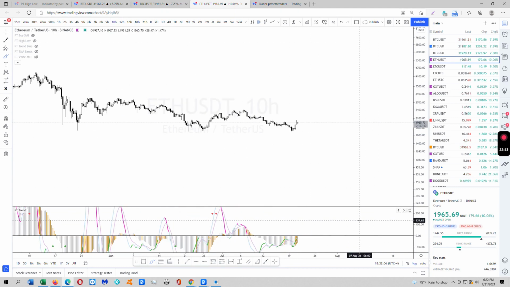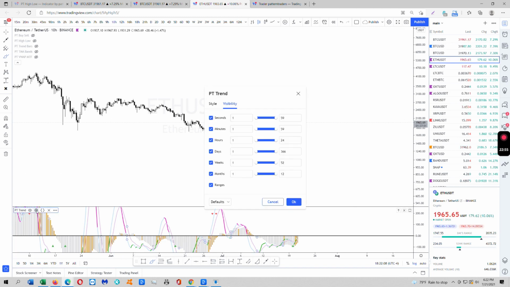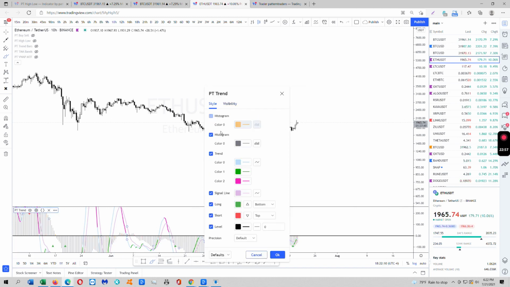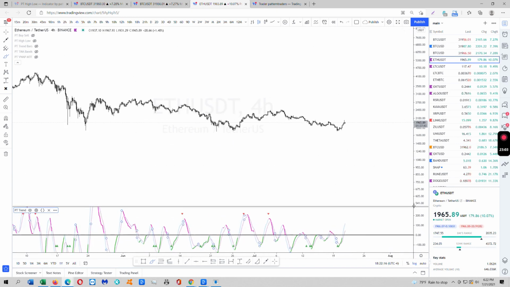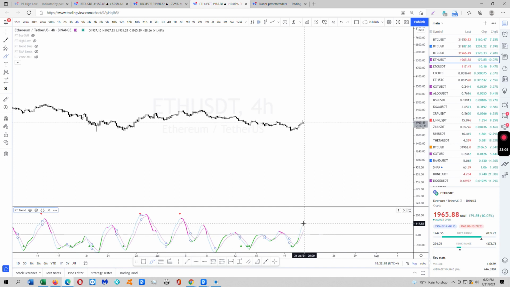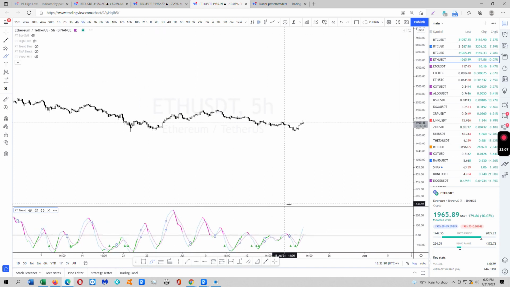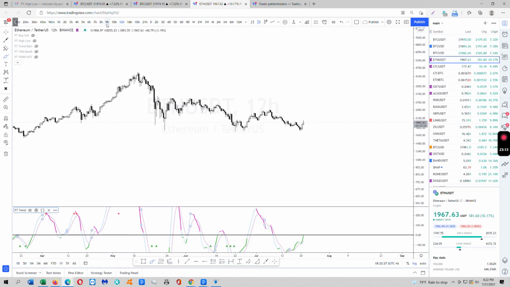Yeah, everything is short-lived. Just wait until the 4-hour turns. 4 or 5-hour, one of those two. When the 4 or 5-hour turns red, it'll give you a better indication. Until then, I'm not messing with the shorts, guys. I'm protecting my capital.